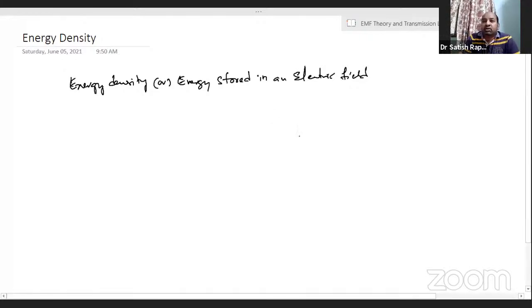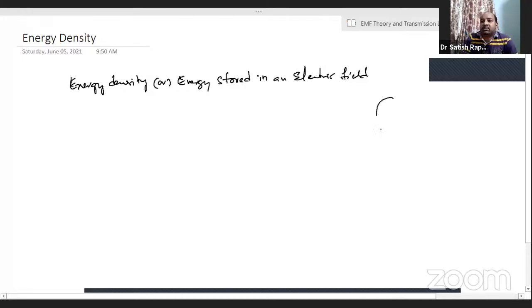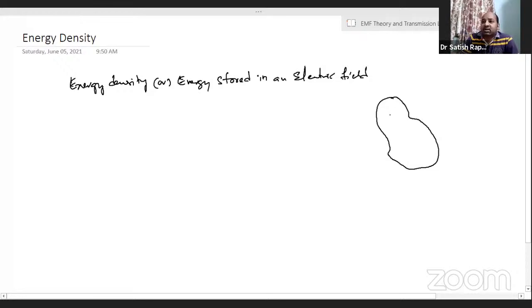To determine the energy stored in an electric field, let us consider an initially charge-free region. Charge-free region in the sense that the electric field is zero, there is no electric field in it, meaning no charges inside this region.